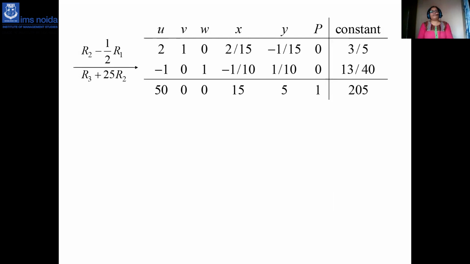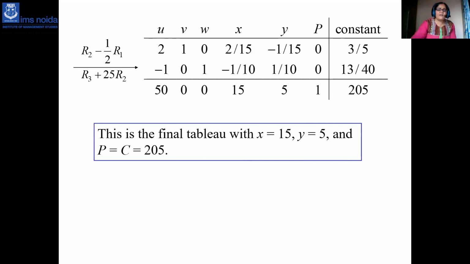In the objective function row, you are getting all non-negative values. So the x and y values are given as 3 by 5 and 13 by 40, and Z is your 205. So this is the final table value. You can see in the z row, these values 3 by 5 and 13 by 40 are for the slack variables. But the x and y values are given in the last row.